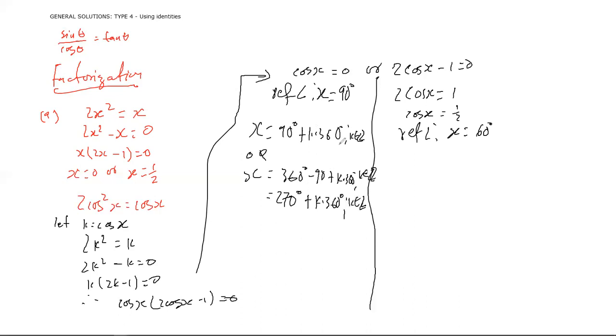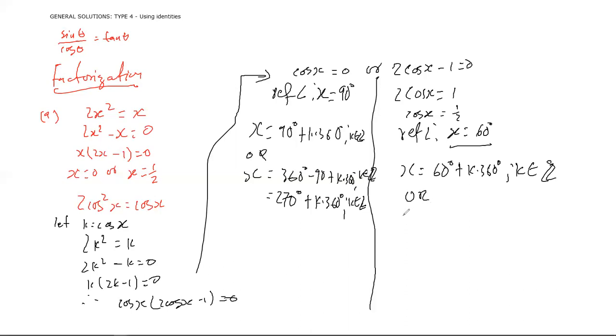Then you come to this side and do some work again. Your first solution is 60 plus k times 360, where k is an integer.